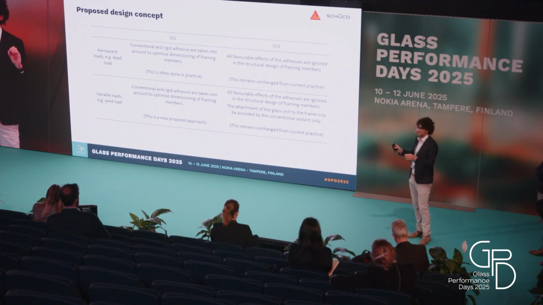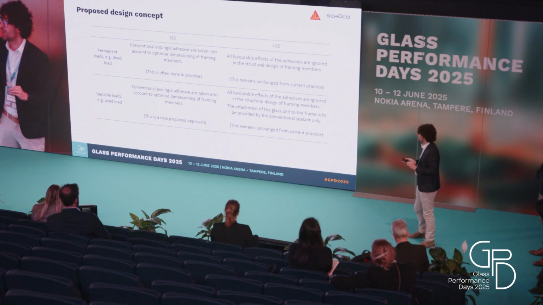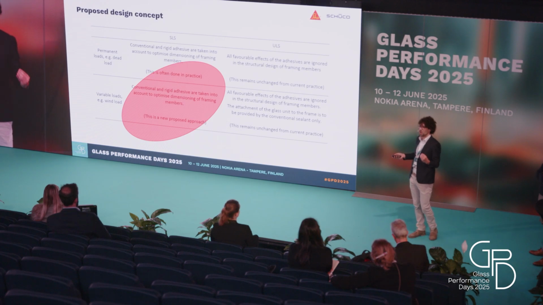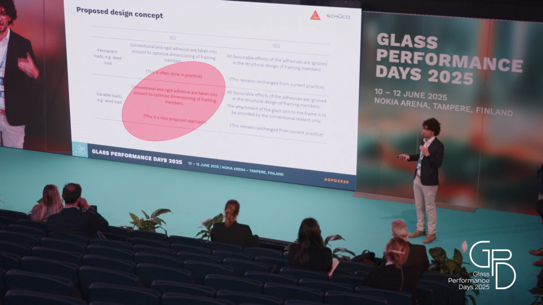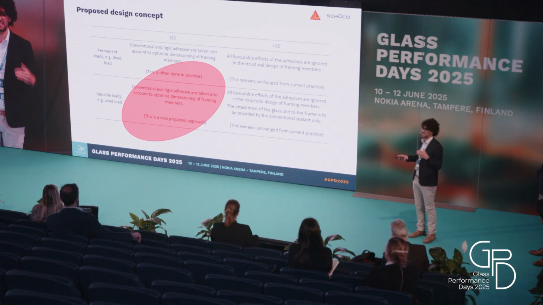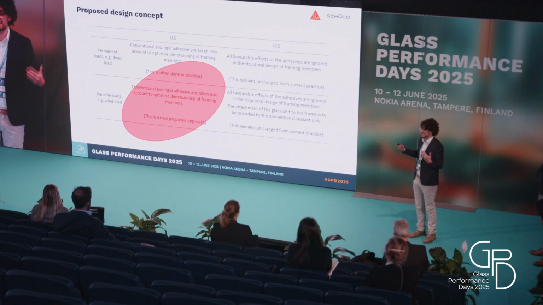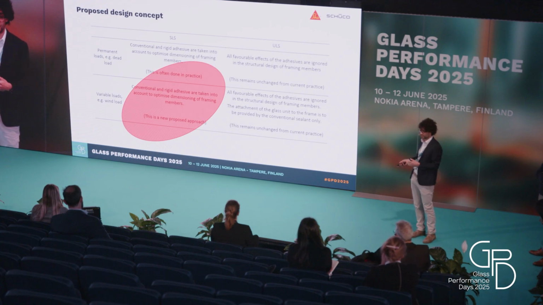This means that practically, when we calculate the units in our finite element model, we will leave some gaps at the corners. We want to take advantage of the polyurethane only at the serviceability limit state, so only for deflection checks. And at that point, with a full material characterization and study, we are confident that we can easily justify that it's just for deflection, and we can take into account the beneficial effect of the polyurethane.